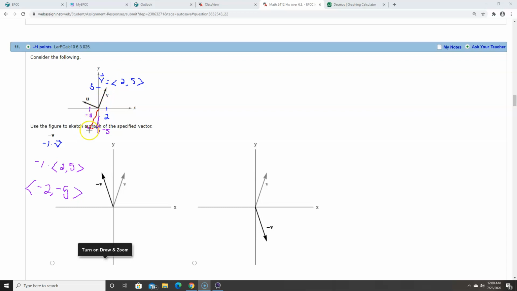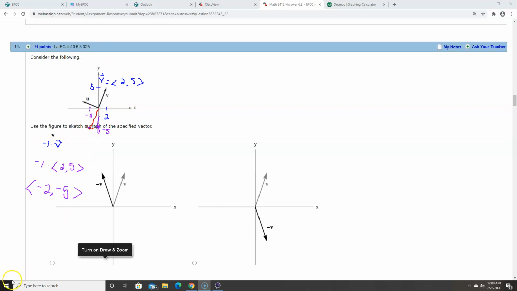It's just going in the other direction. So it's the opposite direction, but still on this pathway. And it's the same length as this one, because we multiplied only by -1, which changes direction, but times 1 does not change the magnitude. So then it has to be something like that, which will be your negative v vector.